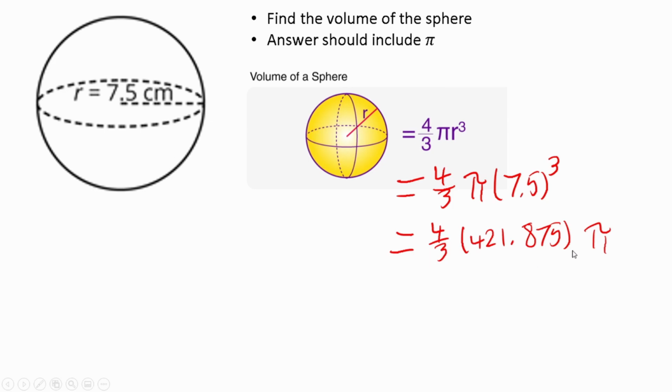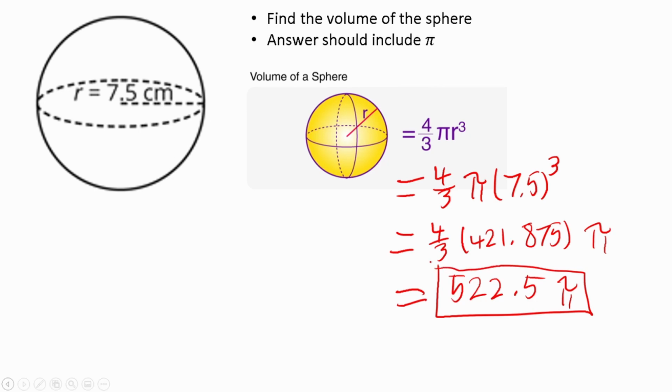Now we have to multiply my 4/3 and the 421.875. We do 4/3 times 421.875. And when we do that, actually going to give me a pretty nice number, 562.5 pi.